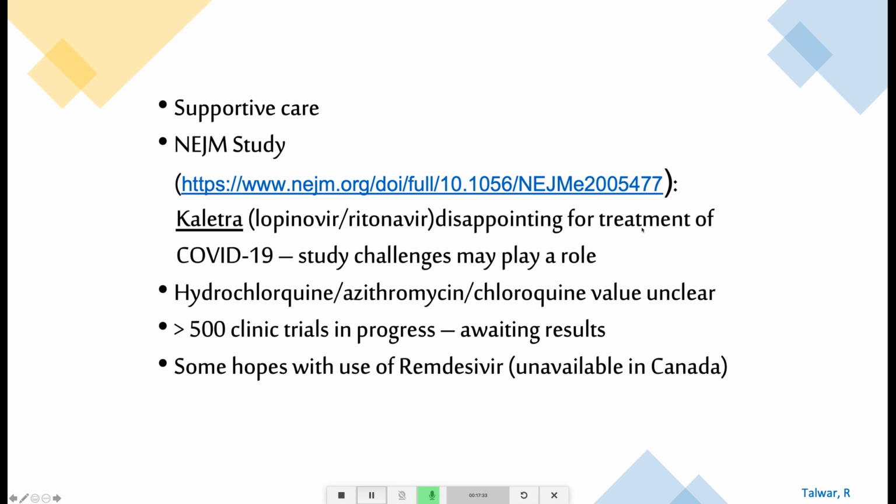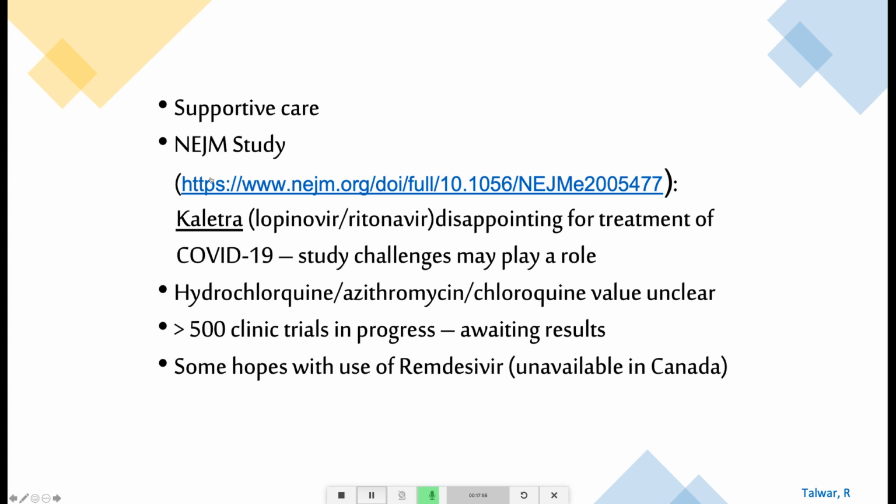This is a reference to a New England Journal of Medicine study where they were looking at Kaletra. It is a combination of these two antiviral medications, and I believe Kaletra has been used in combination with other medications for treatment of HIV.